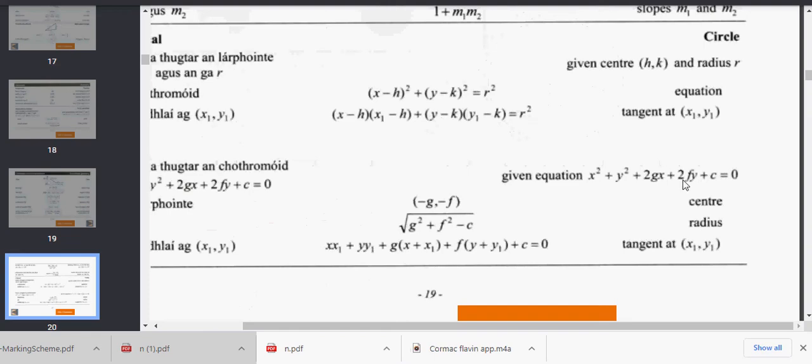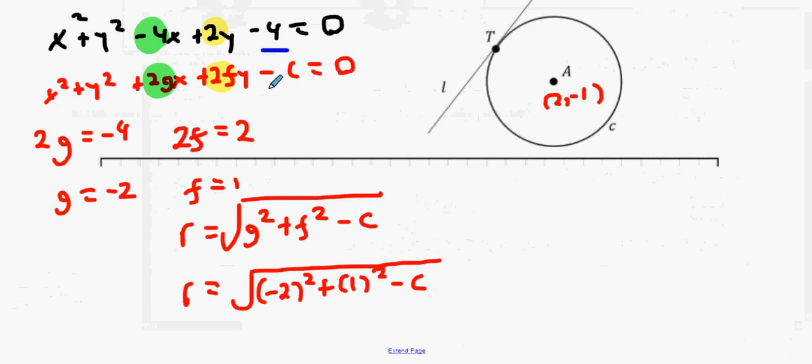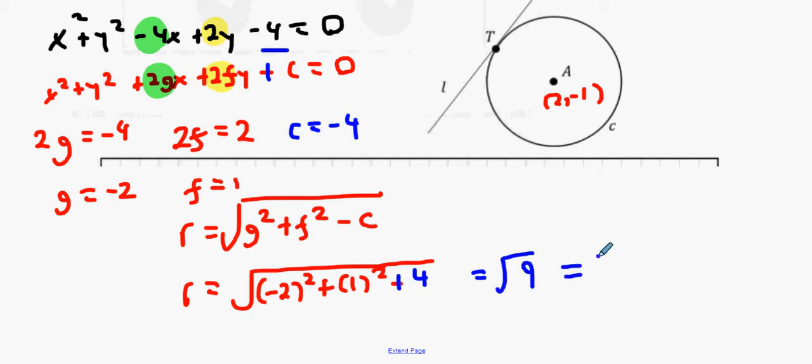Again, checking my notes, it's actually plus c at the end. So I almost made a ridiculous error. c actually equals minus 4, so it's minus minus 4, which will be plus 4. Then we get 4 plus 1 plus 4, which is the square root of 9, which is 3. So the radius is 3. The length of here to here is 3.